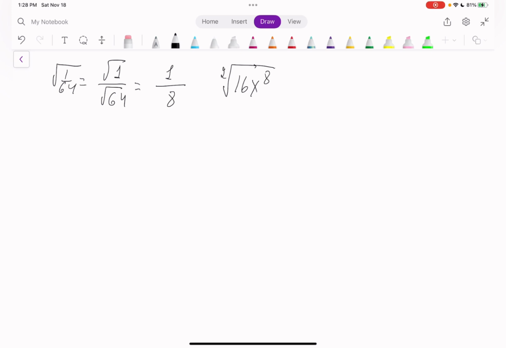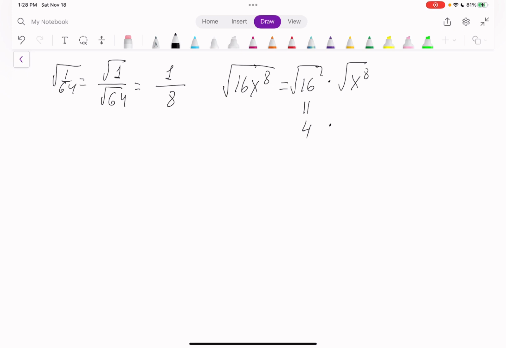We just don't put it, because square root means degree 2. So square root of 16, that's the same way I can rewrite: square root 16 times square root x to power 8. Well, we know that square root 16 is 4. 4 squared is 16, right?